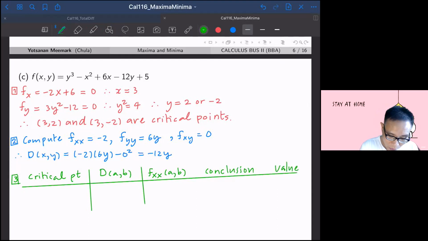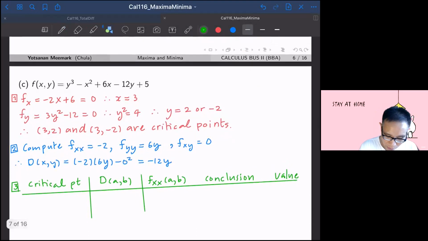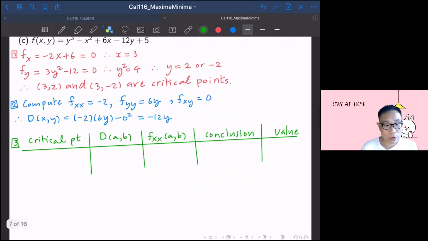So you have the critical point, D, fxx, conclusion, and value. In this case, you have two critical points, 3, 2 and 3, negative 2. You put them into the table and compute D at those points.